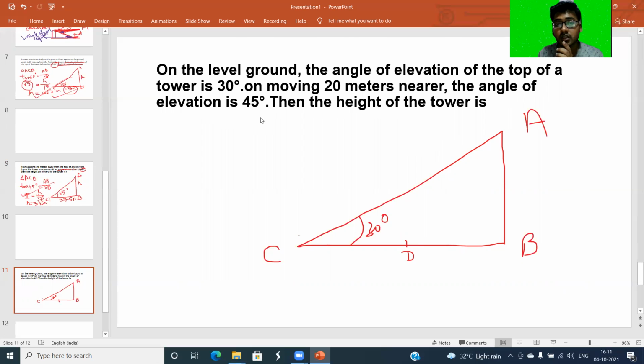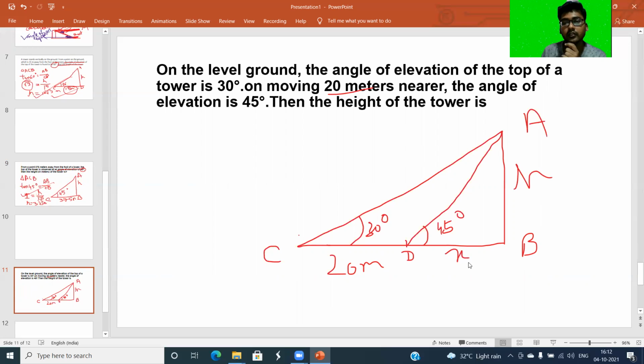The angle of elevation is 45 degrees. CD is 20 meter. Let the height be x meter.